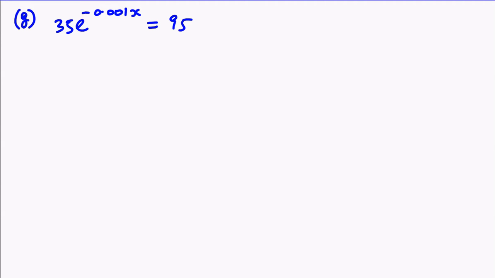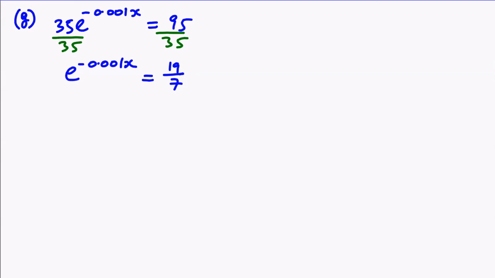Well, you can apply the same method, divide by 35 to get rid of that coefficient. So e to power negative 0.001x will be equal to 19 over 7.